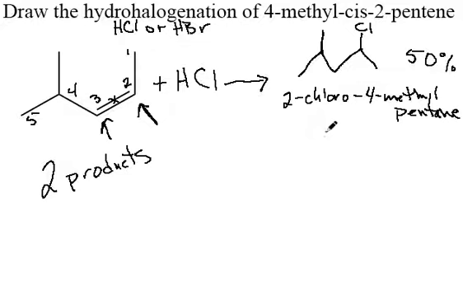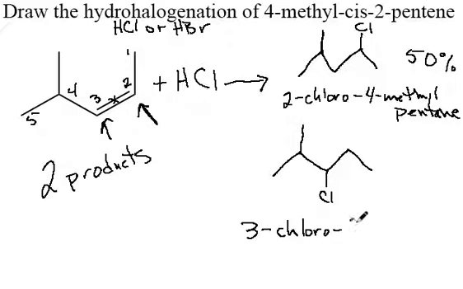The other product will be when the chlorine adds to carbon number 3. That will also be a pentane-based molecule with a methyl group right there, and the chlorine will add to carbon number 3. So this would be called 3-chloro-2-methylpentane.